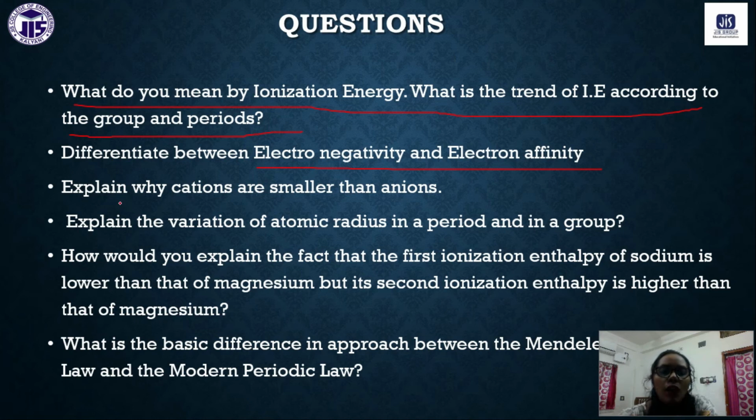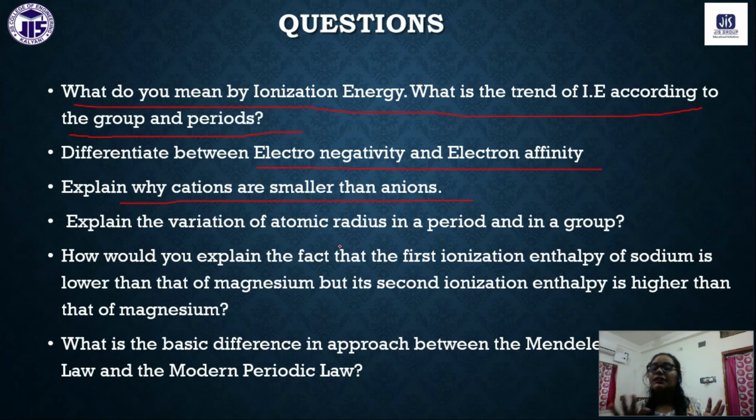Now explain why cations are smaller than the anions. Look, cation means the positive ion. How will this positive ion be created? First of all, one electron should be removed from this atom. So that's why we have the positive ion. If one electron is removed, the number of electrons will be less, but the attraction force of the nucleus will be the same.